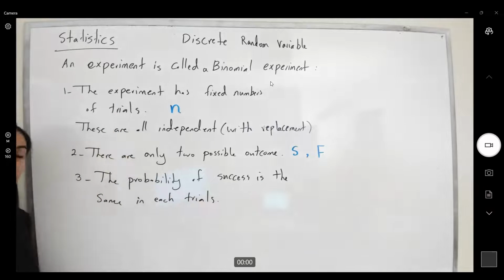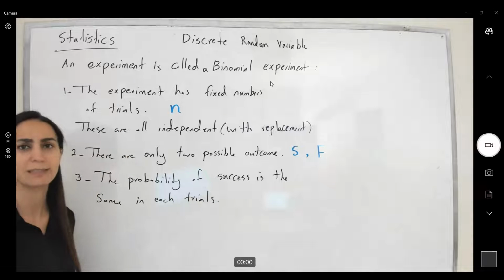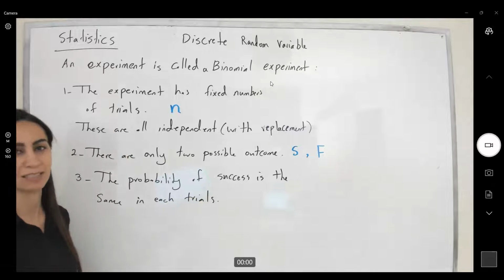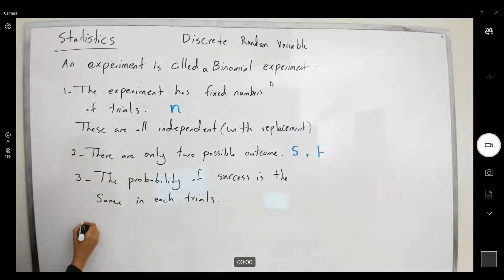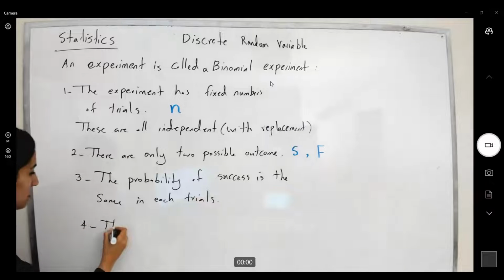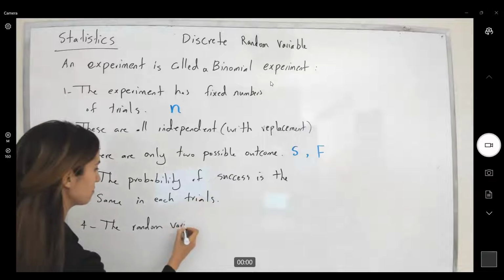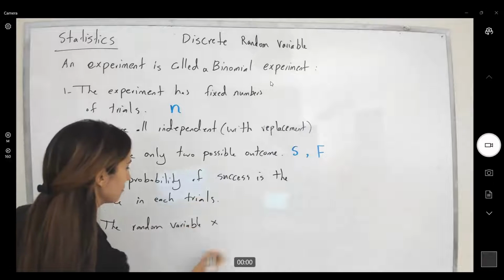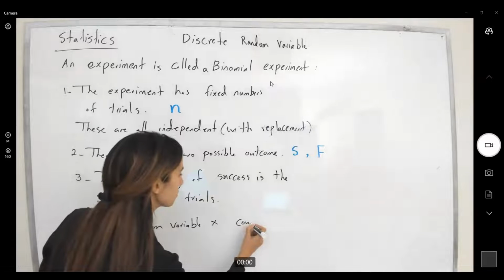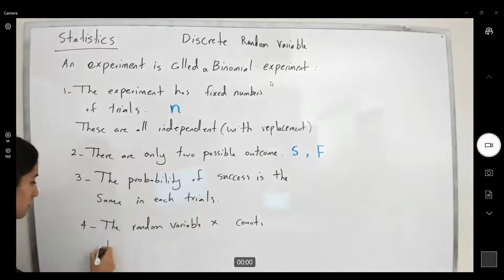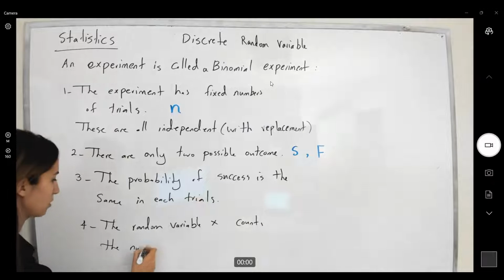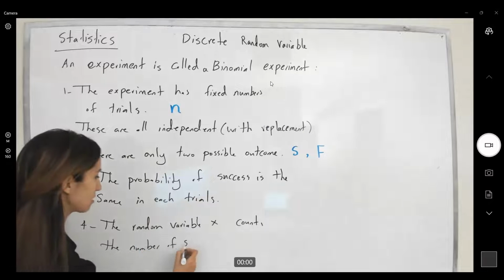And finally, we learned that the random variable x counts the number of successes.